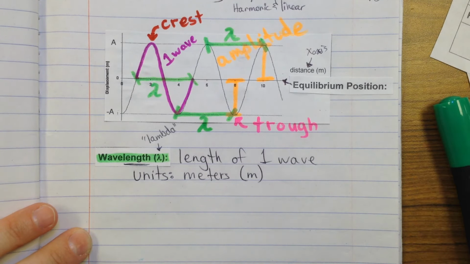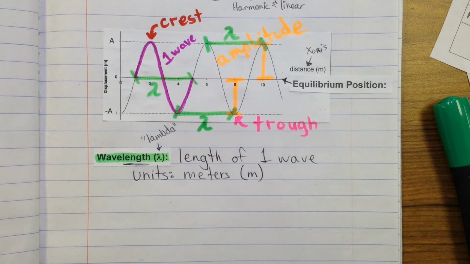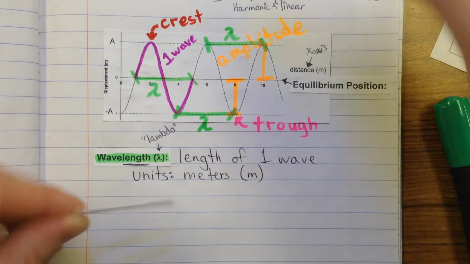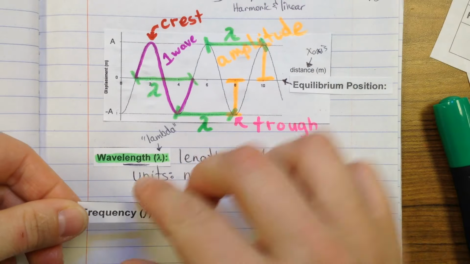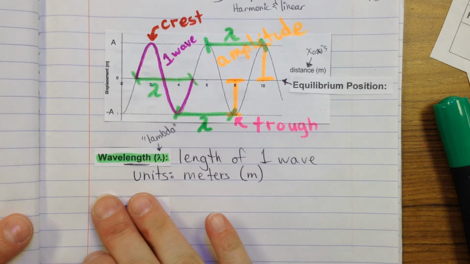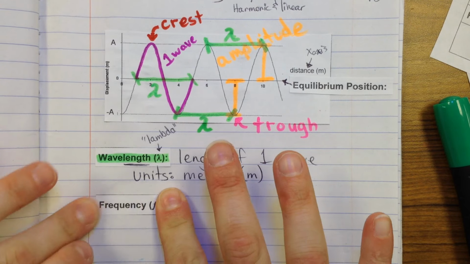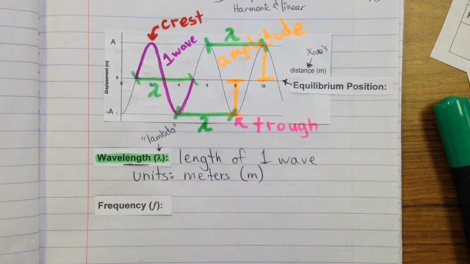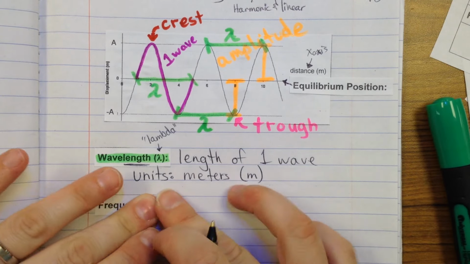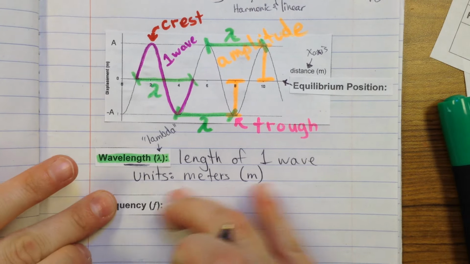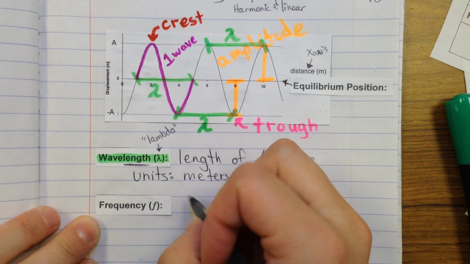Now, a concept that we pull from harmonic motion is frequency. We can measure the frequency of the vibration of the particles. And in this case, instead of being the number of cycles per second, it's now the number of waves per second.